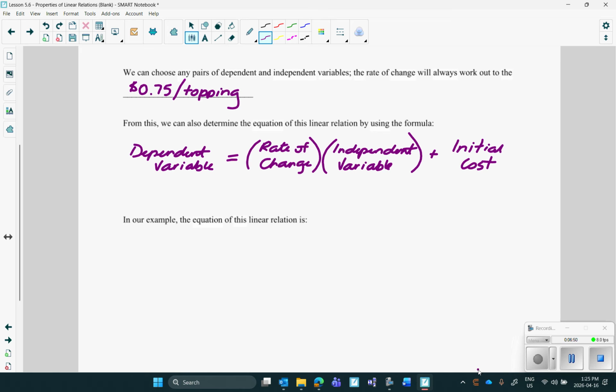Again, that's a lot of words, but you know what it is very similar to? Well, remember the dependent variable is y. Rate of change is the same as slope, so that's m. Independent variable is x, and the initial amount is the y-intercept. It's the same as this, y equals mx plus b.